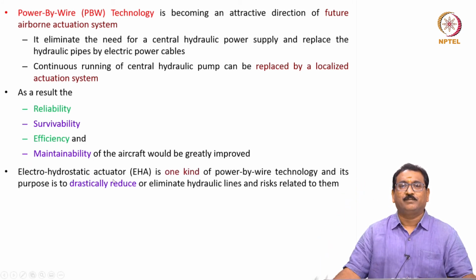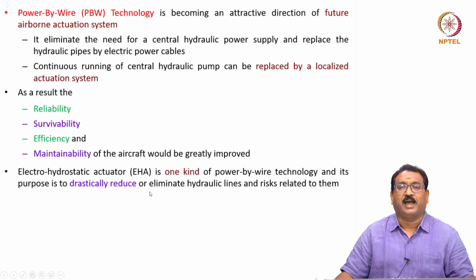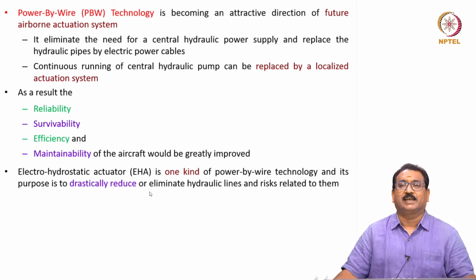Electrohydrostatic actuator is a kind of power by wire technology, and its purpose is to drastically reduce or eliminate hydraulic lines and the risk related to them, like leakage.